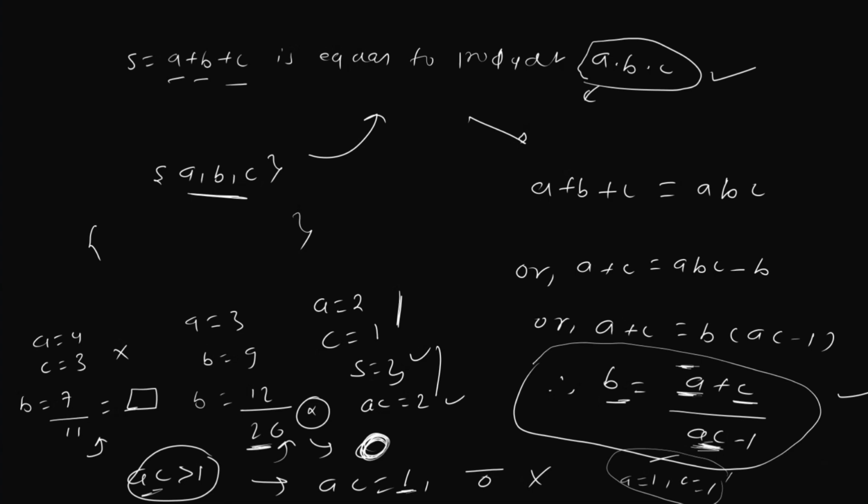Let's move to the next page. We had b equals the sum of these two numbers over the product of these two numbers minus 1. So we took a equals 2 and c equals 1. We would get 3 upon 2 minus 1 equals 3.